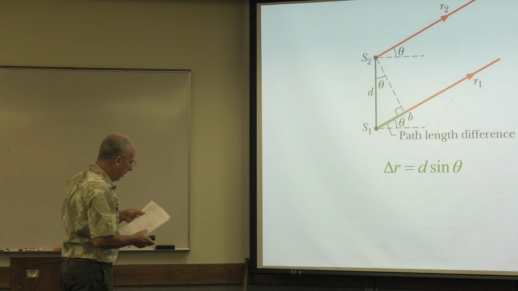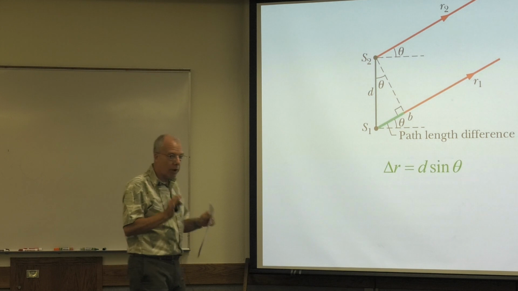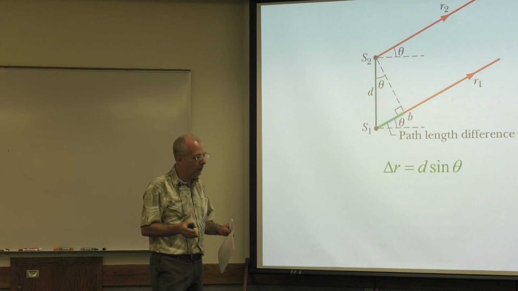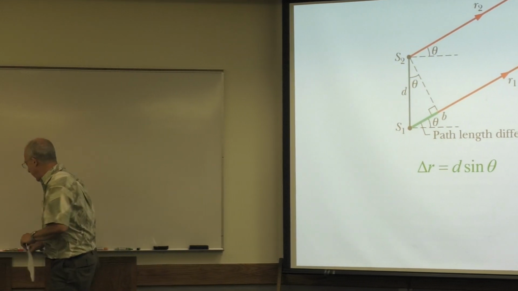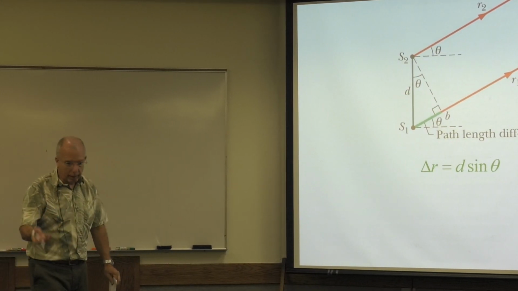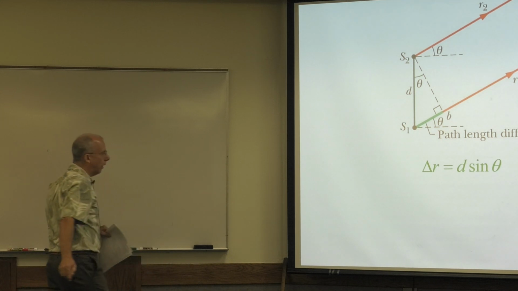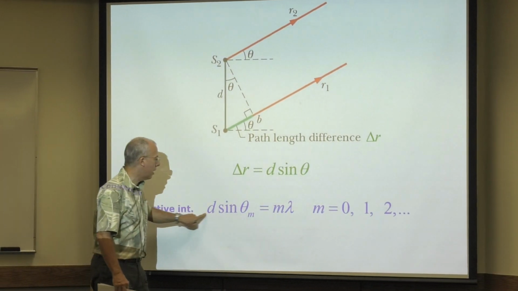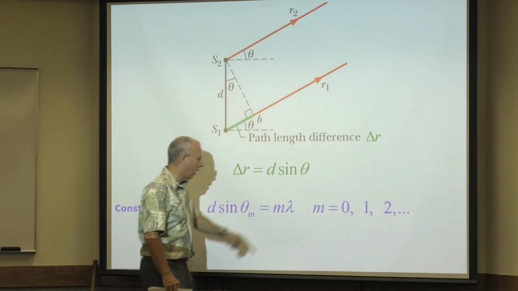Okay, so if we want constructive interference, what did we just learn a few minutes ago, and what did you learn in Physics 105? What does the path length difference have to be for constructive interference? Well, one wavelength, two wavelengths, three wavelengths, right? So the path length difference is one wavelength, two wavelengths, on and on.